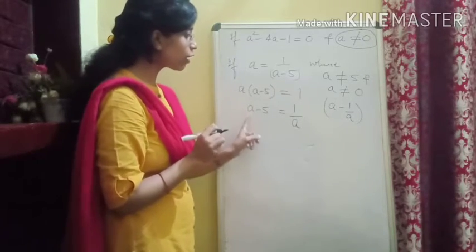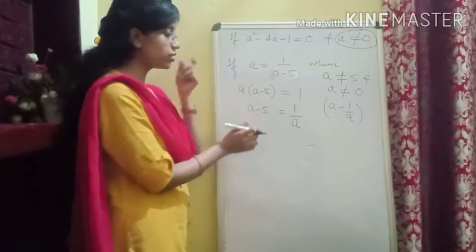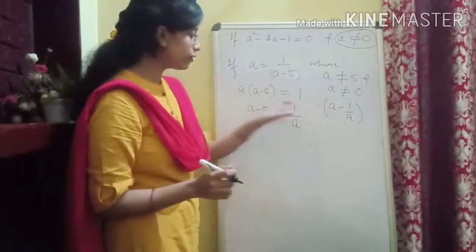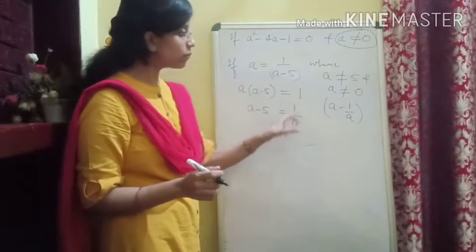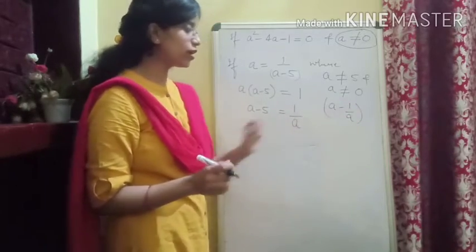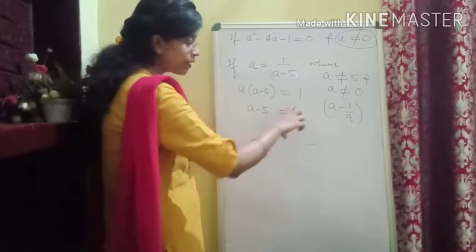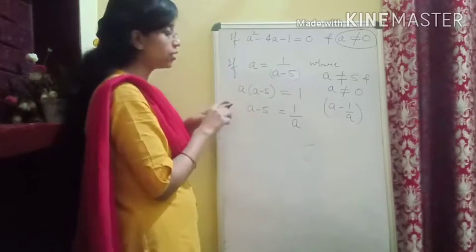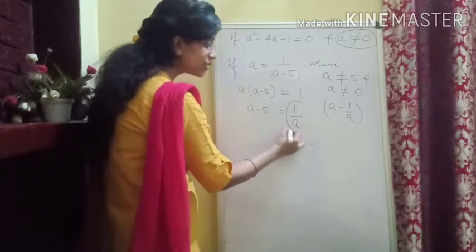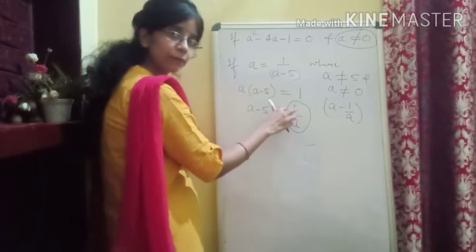Okay. Now we have reached this question and we are getting a, we are getting 1 upon a, but we want a minus 1 upon a. So if we bring this 1 upon a to this side, it will give the same expression. This 1 upon a is on the RHS with a plus sign.